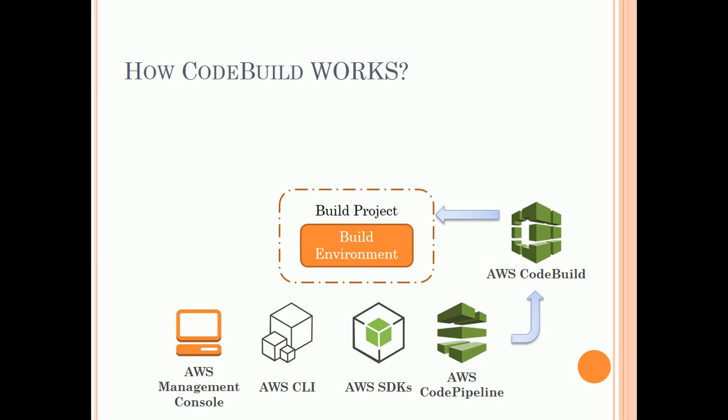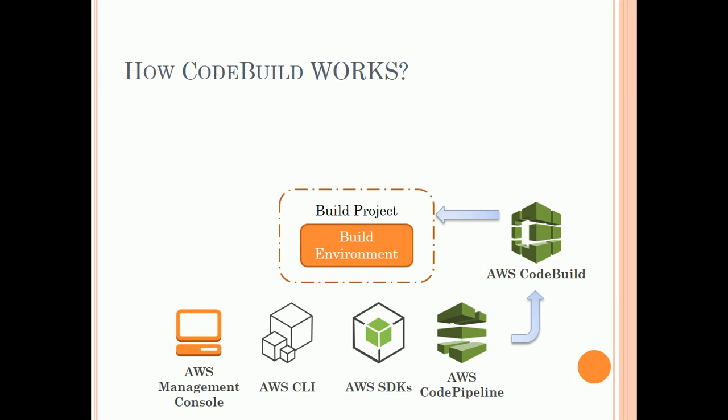Build project consists of the information such as where to get source code, the build environment to use, the build commands to run, and where to store the build output. So basically it can direct AWS Code Build for running a build. A build environment represents a combination of operating system, programming language runtime, and tools that AWS Code Build uses to run a build.